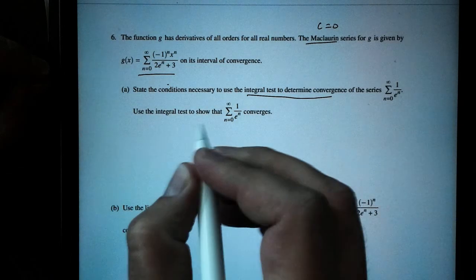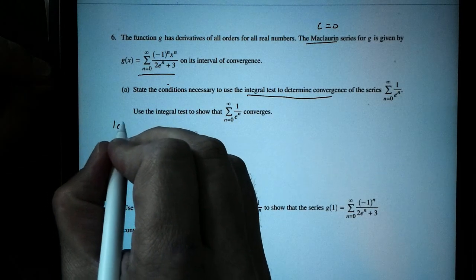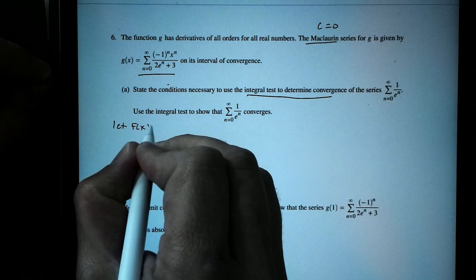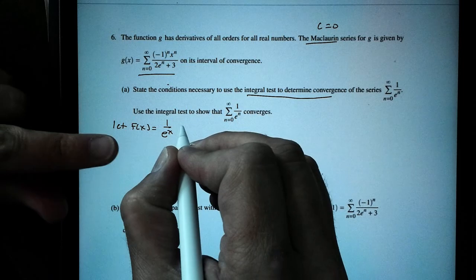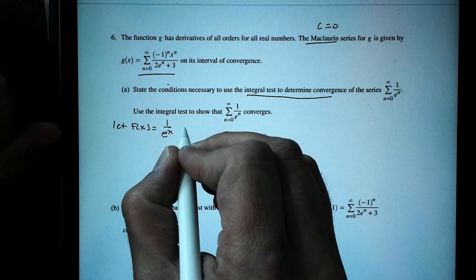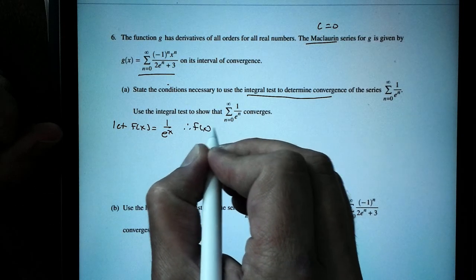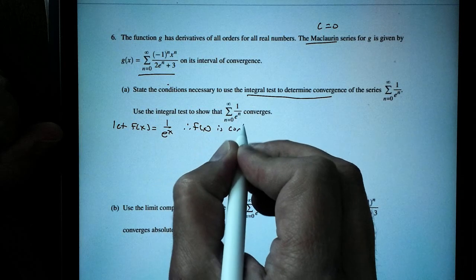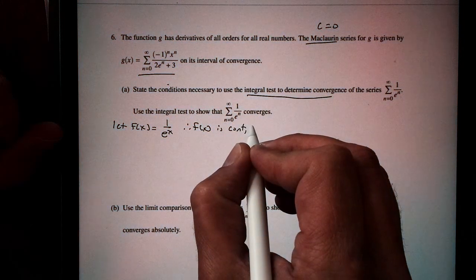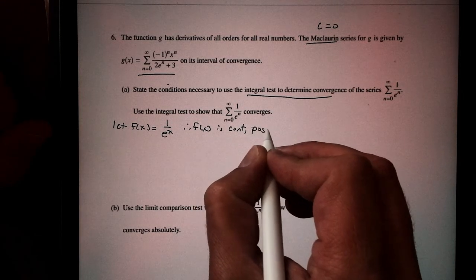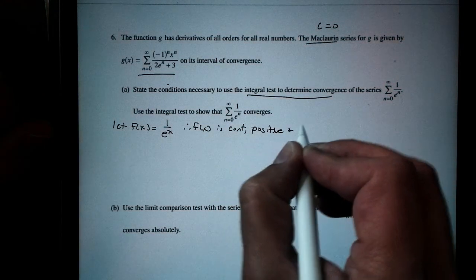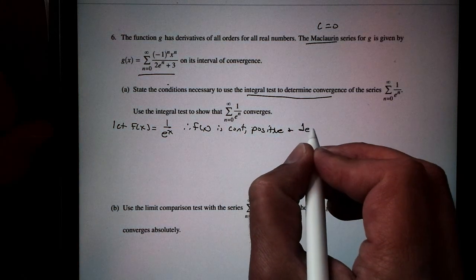Well, we're going to let f of x equal 1 over e to the x. Now, since it's 1 over e to the x, we know that f of x is continuous. It is positive and decreasing.